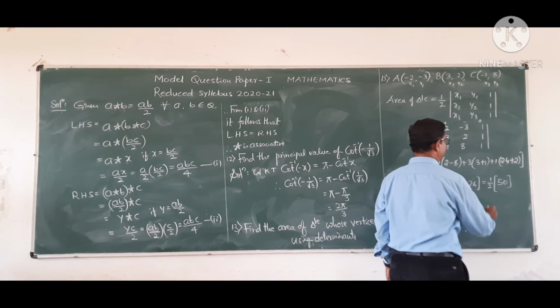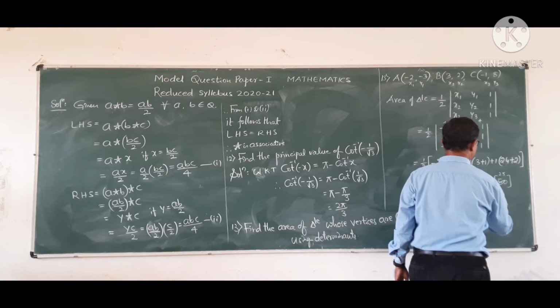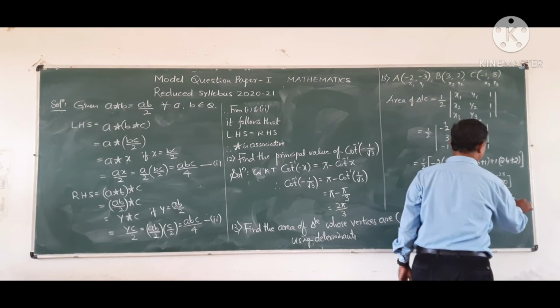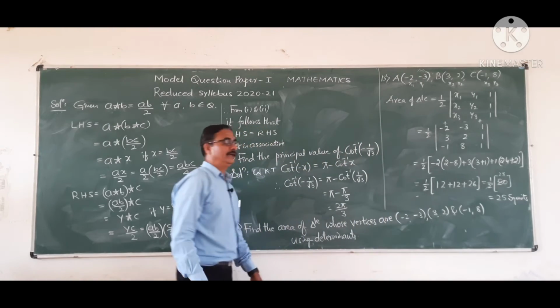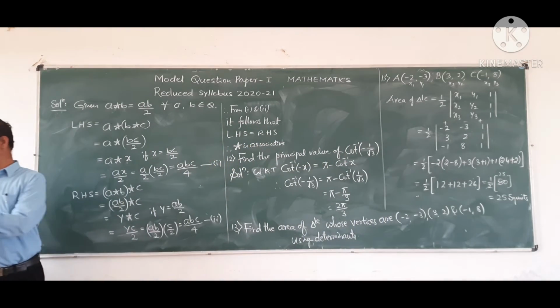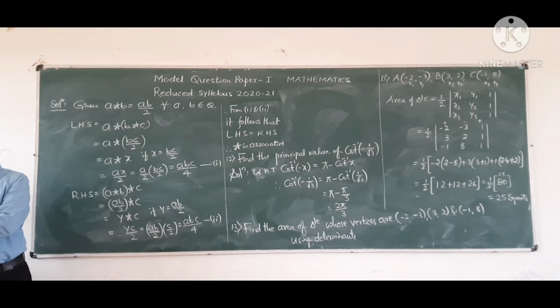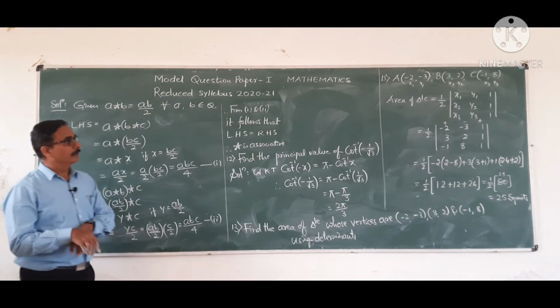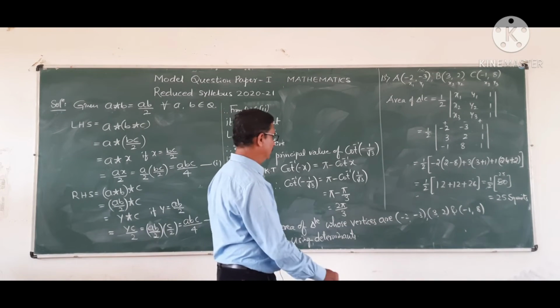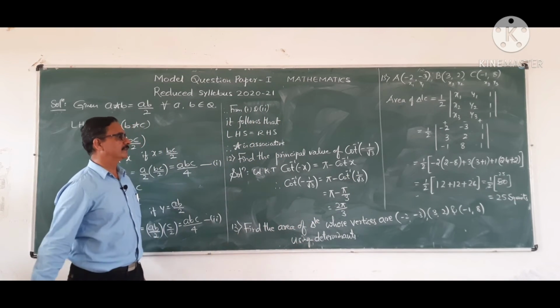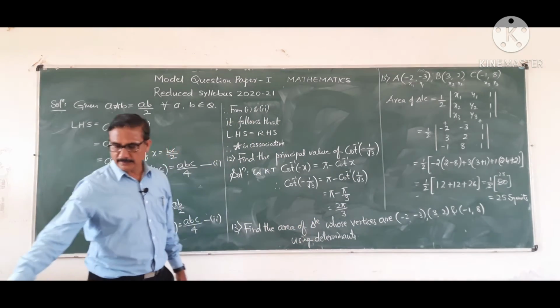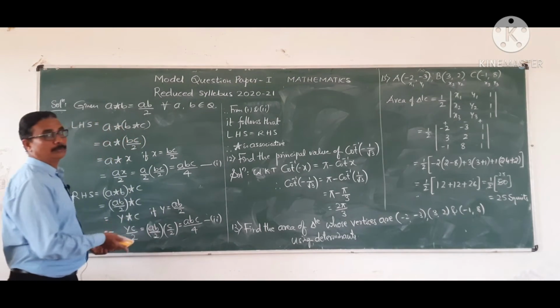Yes. 2 ones are 2, 50s are 25, so that is 25 square units. Area of triangle is 25 square units. Okay? Correct? Minus 1 comma 8. Yes. So the area of triangle is plus 25 square units. Okay? This is problem number 13.